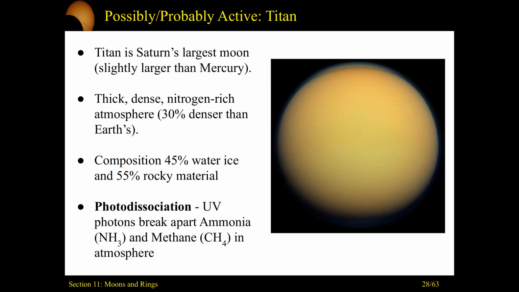One of the primary factors is this idea of photodissociation, which is UV photons coming in, hitting the upper layers of this atmosphere, and breaking apart ammonia and methane in the atmosphere. This should remind you of ozone on Earth. Oxygen molecules in our troposphere are absorbing UV rays and being photodissociated.